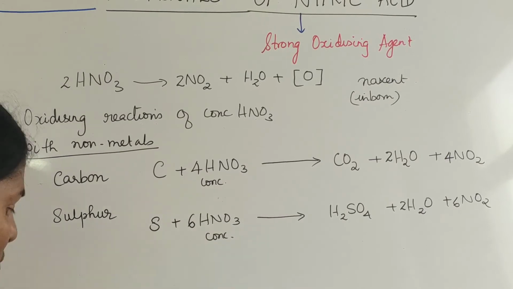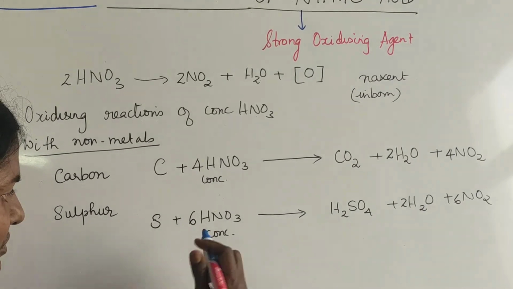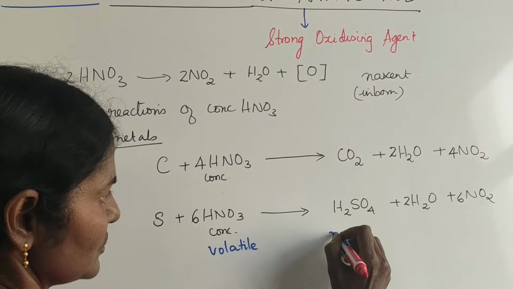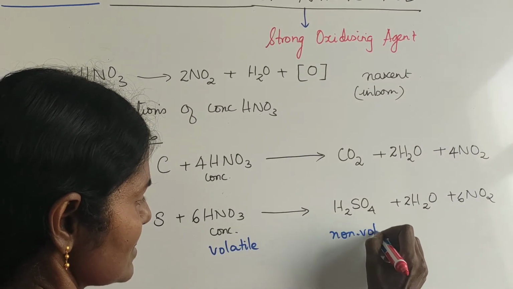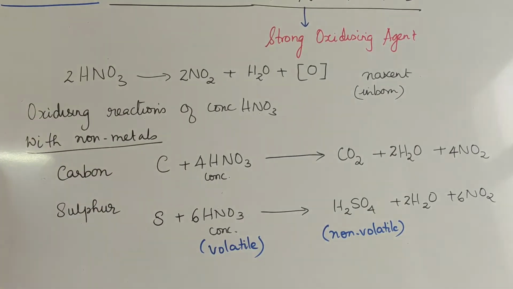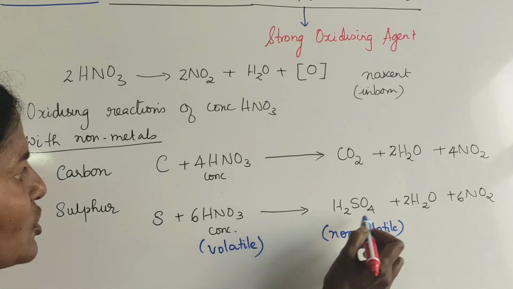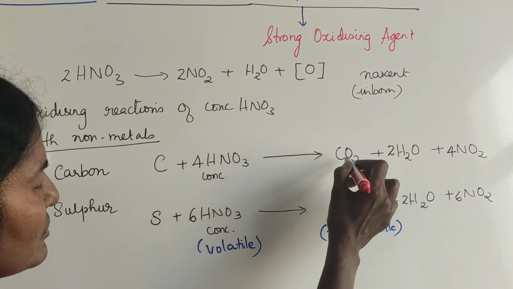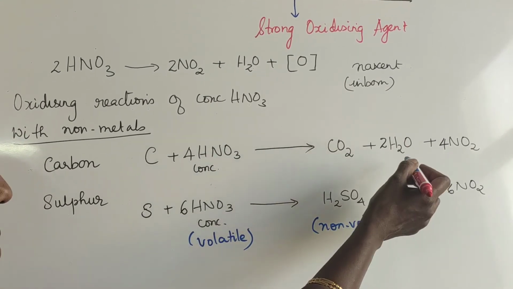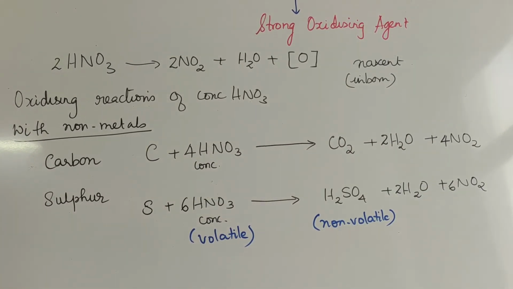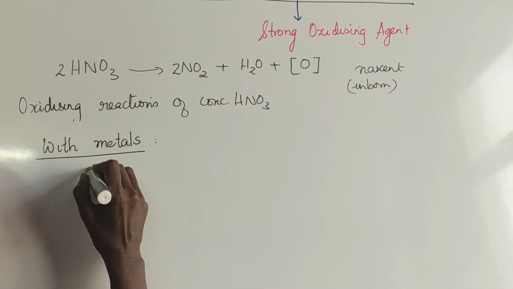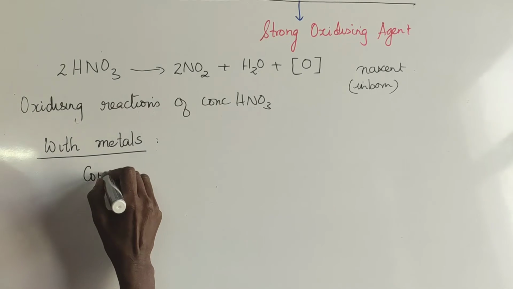Nitric acid is volatile, and this gives rise to a non-volatile sulfuric acid. Why is this acid not formed with carbon? Because it would be carbonic acid, which is highly unstable and breaks down into carbon dioxide and water vapor.